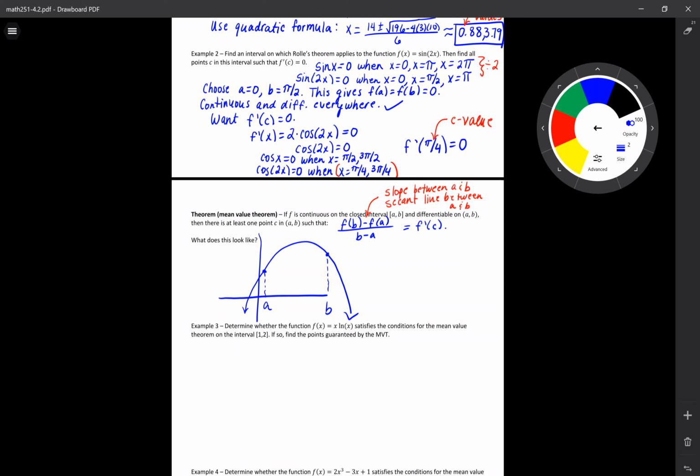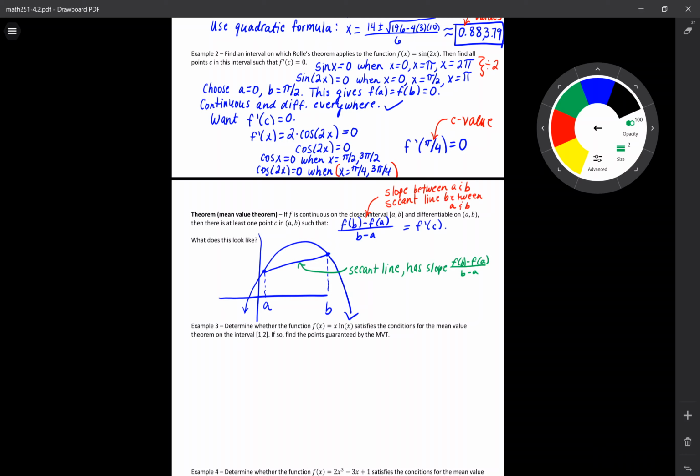So if I were to draw the secant line between a and b, it would look like this. So this is the secant line, and the secant line has the slope f of b minus f of a over b minus a. So that is the slope of the secant line.